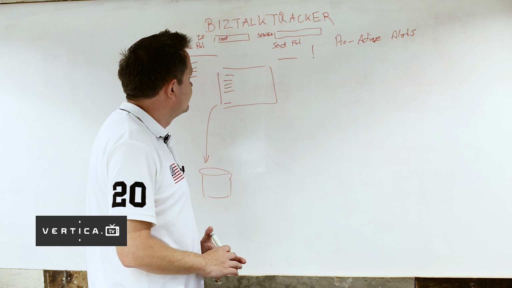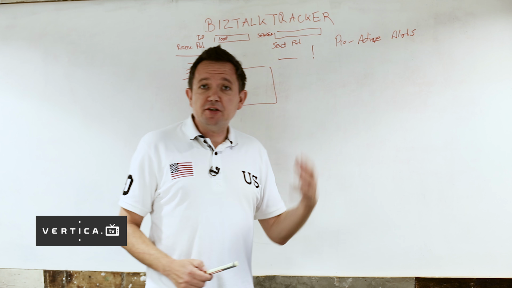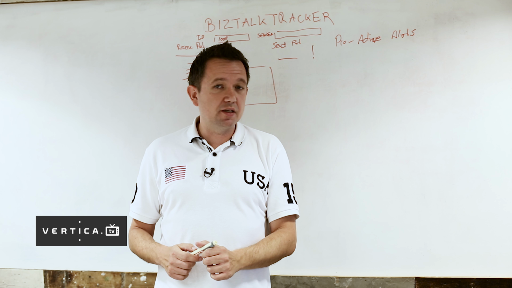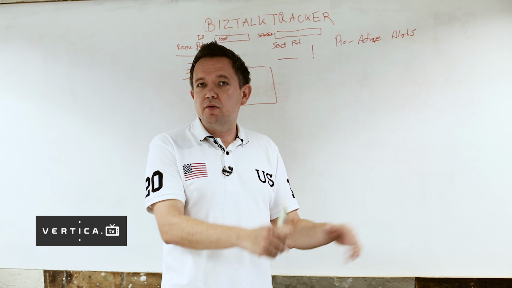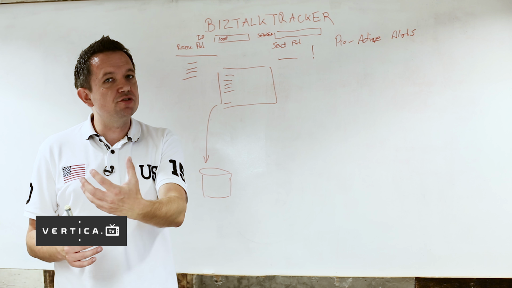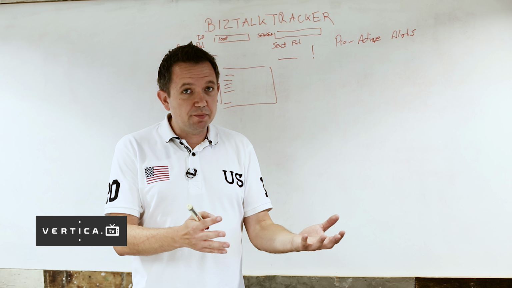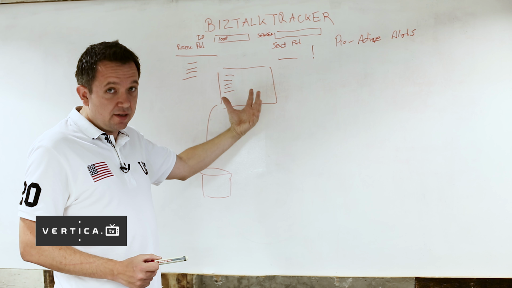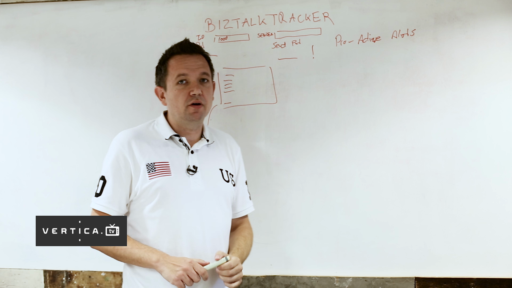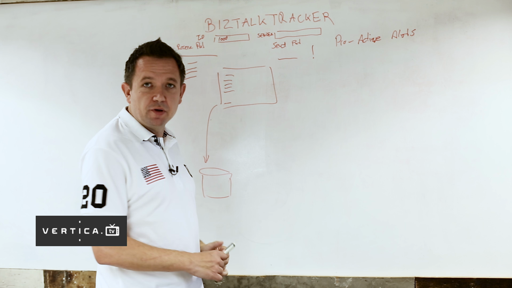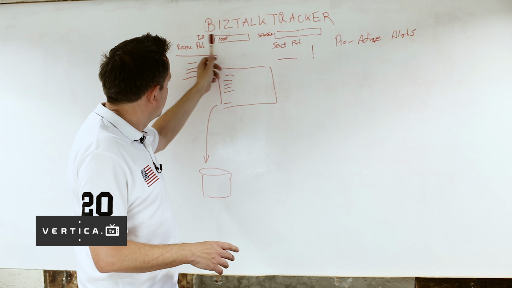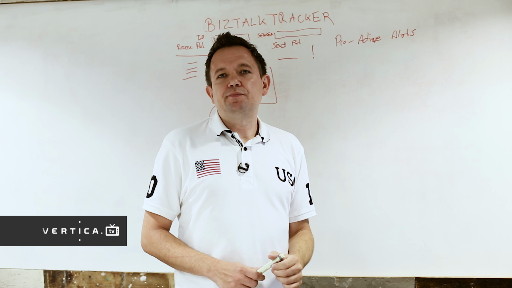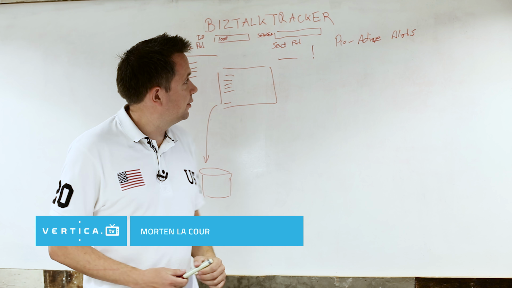Okay, so to sum up here, BizTalk Tracker is a non-intrusive product that you install alongside your existing BizTalk application. You don't do anything with your existing environment. You simply hook up this new product to your existing tracking database, and it will show you existing tracking data that you can already see today in your administration console, but in a more human readable way, and also with some extra search features that are not really easily done today.